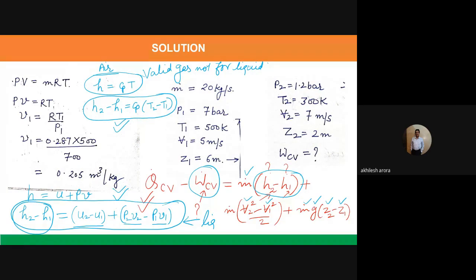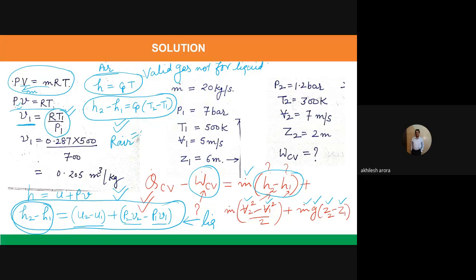So I know this equation, PV is equal to mRT, and when I take m on this side it becomes V by m, which is the specific volume, so Pv is equal to RT. So I can calculate the specific volume using this equation, v1 equals RT1 by P1. I know all the values. R for air, I already told you, this should be known to you. It is 0.287 kilojoules per kg Kelvin. We have used it earlier also.